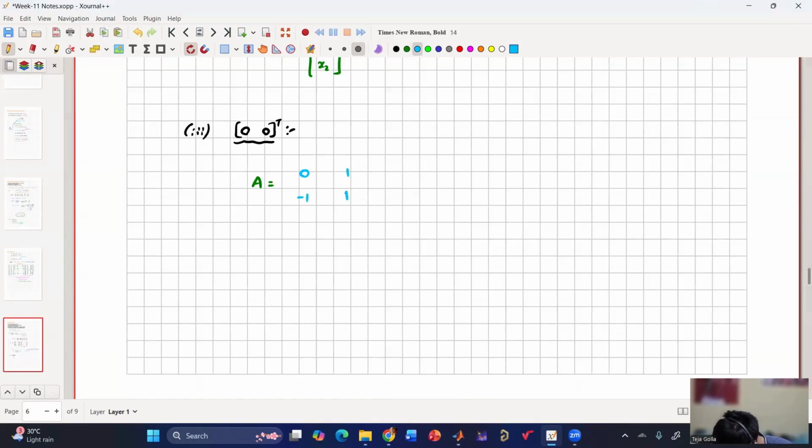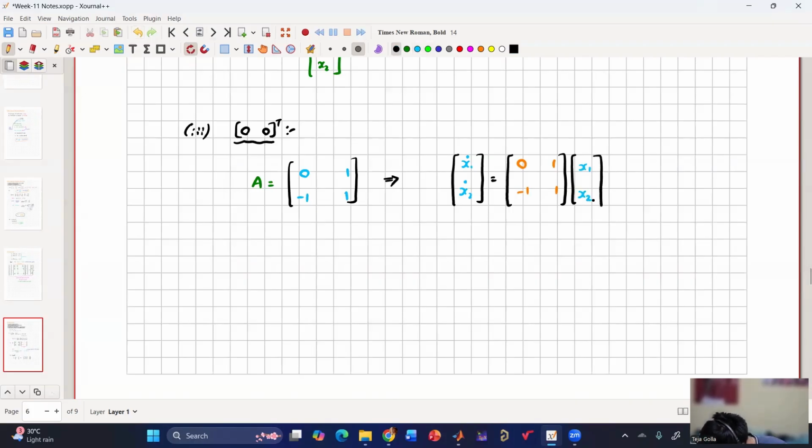If this is my A matrix, and I write x1 dot, x2 dot, I'll get x1 dot, x2 dot equal to my A matrix, which is 0, 1, minus 1, 1, into x1, x2. Since u is 0, we get this type of A matrix. So for equilibrium point 0, 0, we are getting A matrix as 0, 1, minus 1, 1.